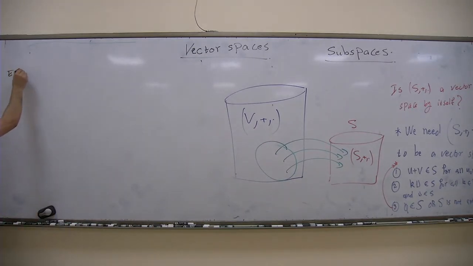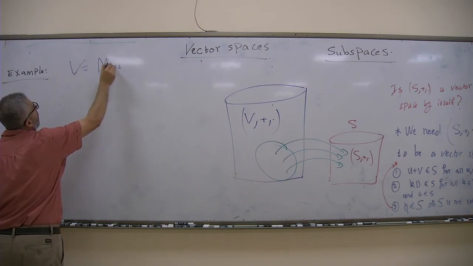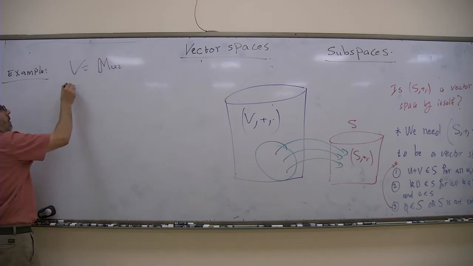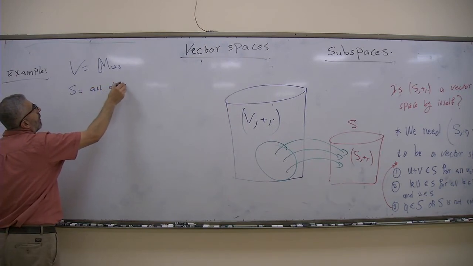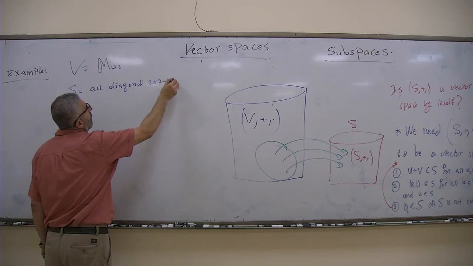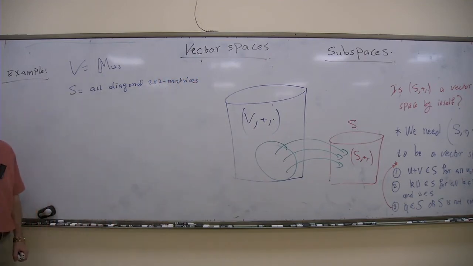Example. I'm going to take my V to be M2 by 2, all 2 by 2 matrices. And I'm going to take my S to be all diagonal 2 by 2 matrices. Okay?